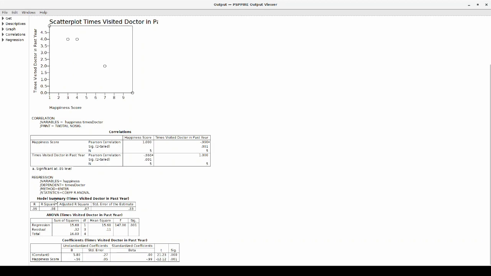And we have the R squared, which is about variance. This is slightly more advanced than anything we're going to cover in this course, but this represents how much of the times visited the doctor is explained by happiness. So it's the amount of variability in your dependent variable that is explained by your independent variable. So that's the R squared.